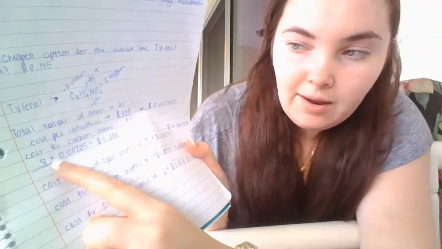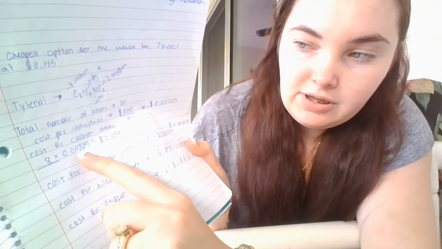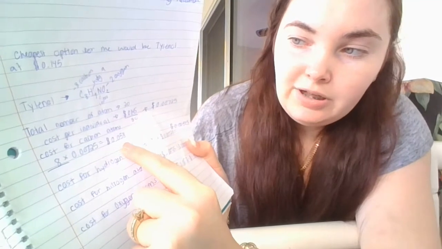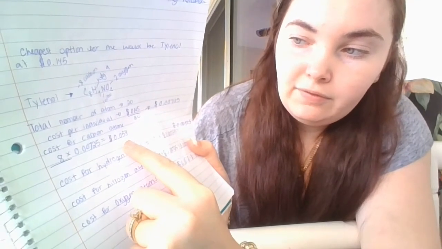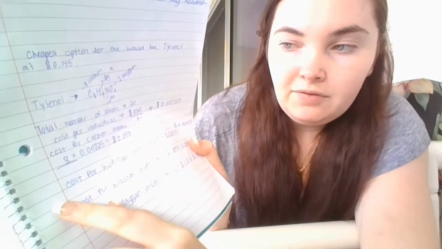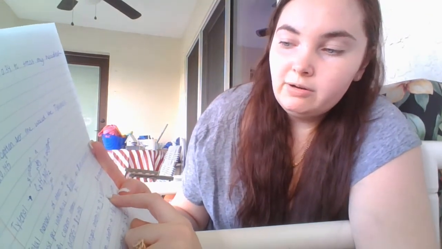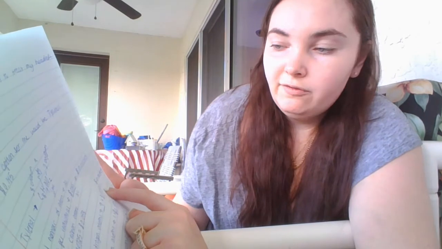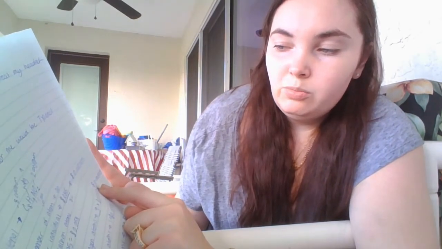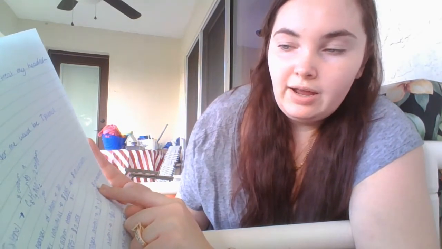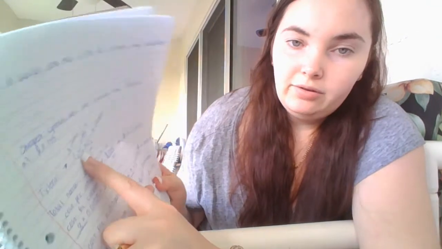So for the price per carbon atom, there's 8 carbons in Tylenol, so I did 8 times 0.00725. So the price per carbon atom is 0.058. And for the cost per hydrogen, there's 9 hydrogen in Tylenol. So I did 9 times 0.00725, which is equal to 0.06525. And for the cost per nitrogen atom, there's only 1 nitrogen in Tylenol.